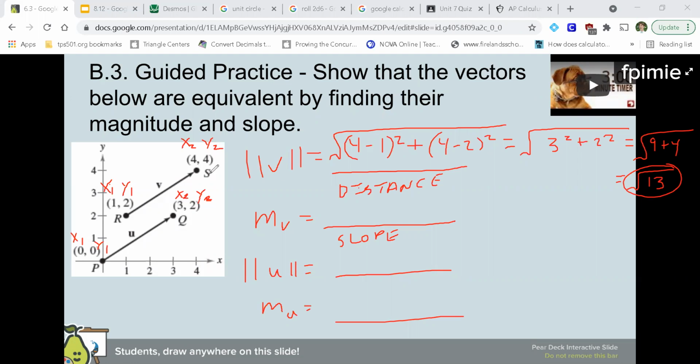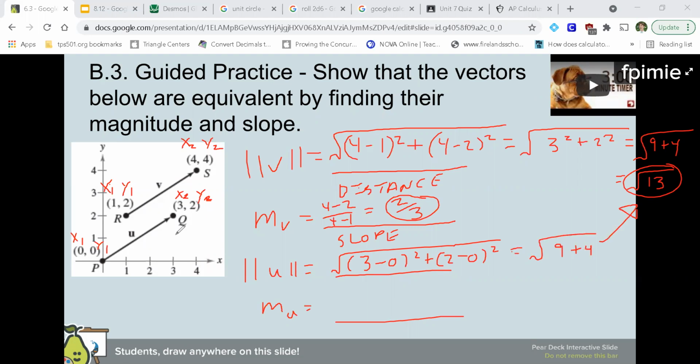And then for slope, you should have gotten (4 minus 2) over (4 minus 1), which is 2 over 3. And if you do the second one, same thing. You should get (3 minus 0) squared plus (2 minus 0) squared, which is 9 plus 4, which is the square root of 13.